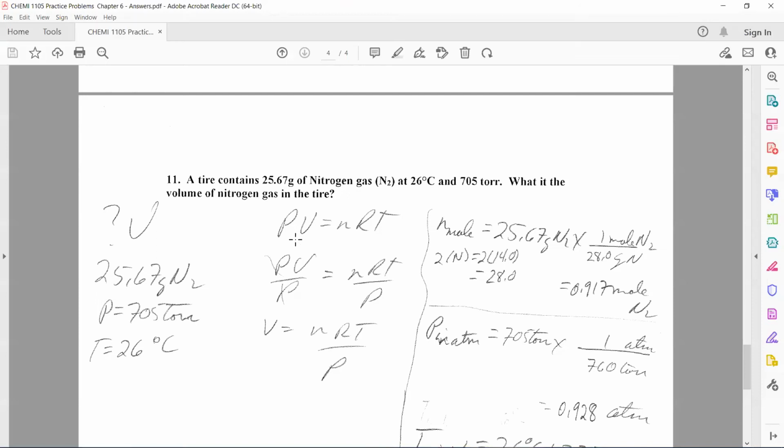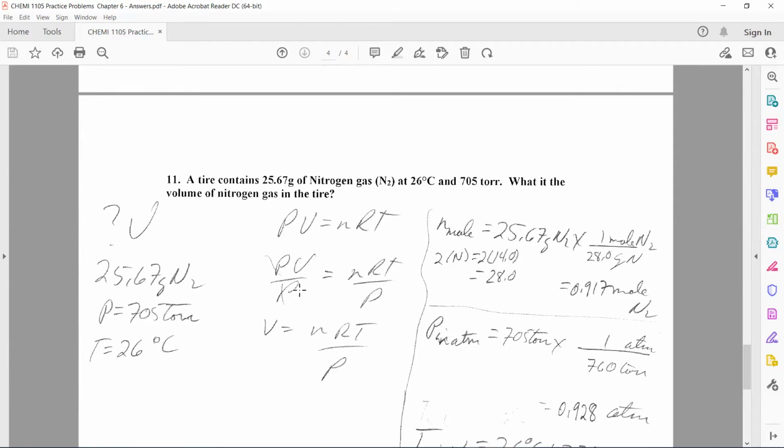All right, you need to use the ideal gas law. And what are we solving for? Volume. Therefore, we want it alone on one side. PV equals nRT. And again, that's important information. To get volume alone, I have to get rid of the pressure P. So I'll divide this side by pressure, and whatever I do to one side, I have to do to the other.